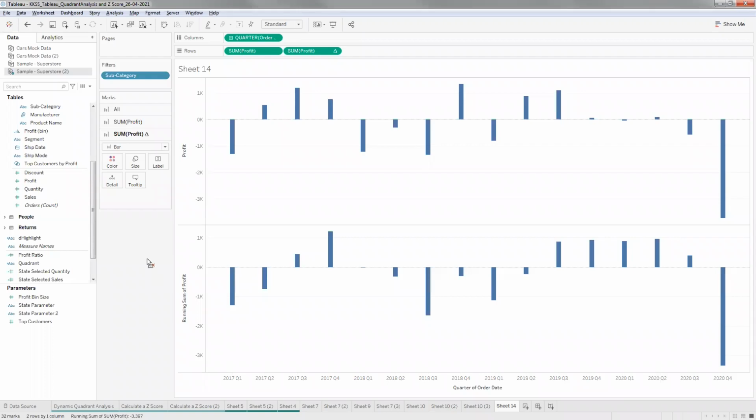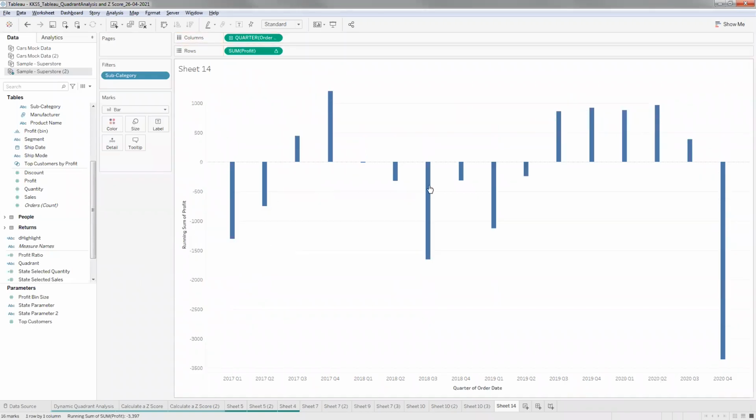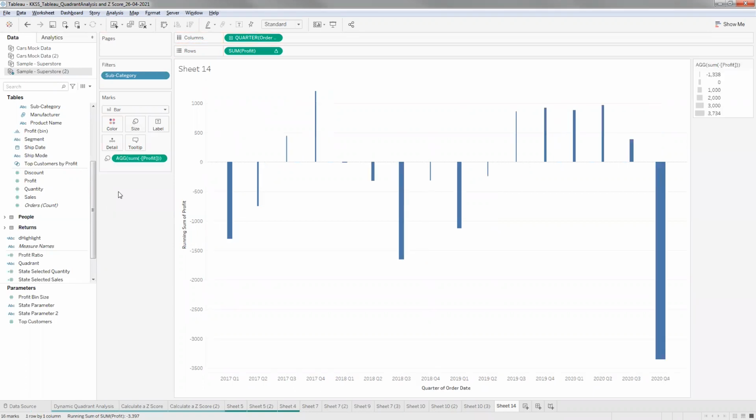So I'll remove this now, since I've made the cumulative one. This is not quite exactly a waterfall chart, but let's now quickly create a simple calculation which says profit, and put it in size.